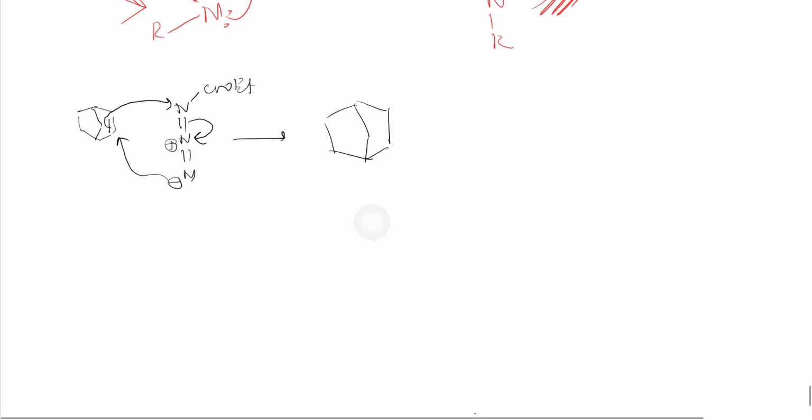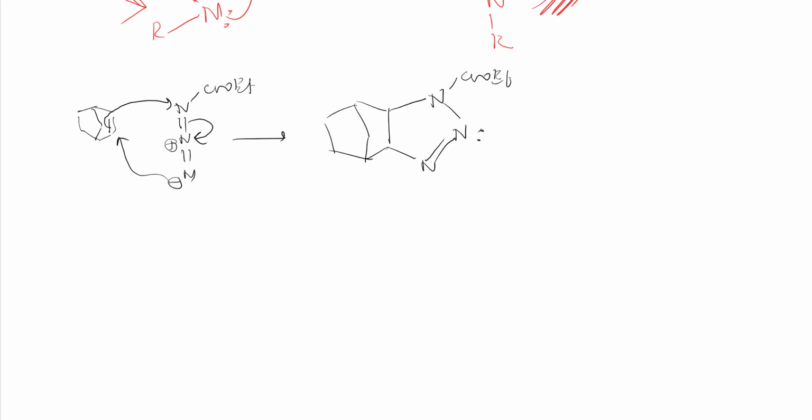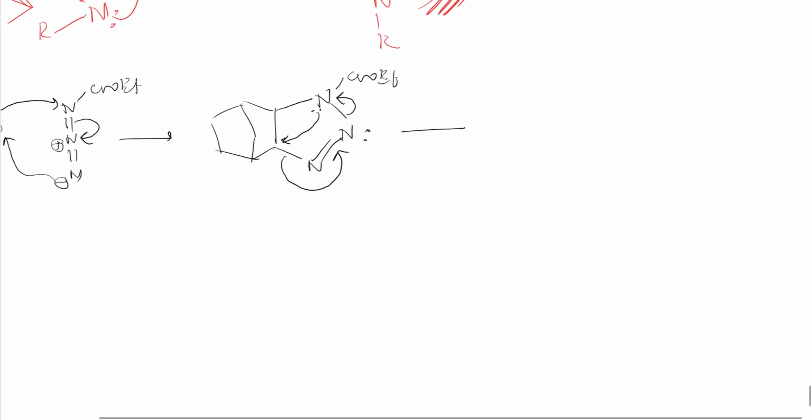So here one nitrogen, one more nitrogen, one more nitrogen, and here like this, right? So here the double bond will be there as it is. This double bond becomes single bond, it got a lone pair, and here COOEt. Further, if I heat, this electron density moves onto this carbon, this electron density will be taken here, and this bond will be broken, and this nitrogen gets its lone pair back, right?